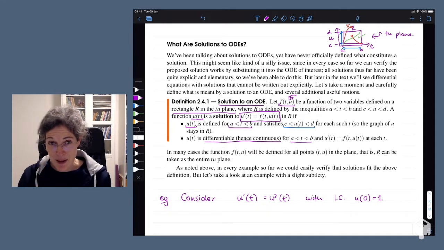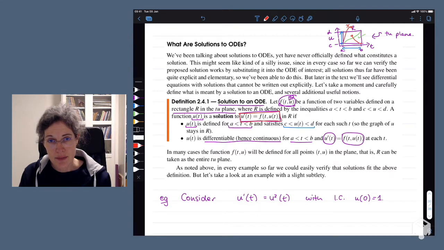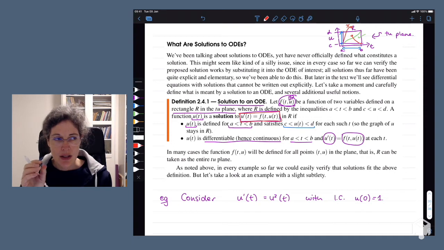And this is the important thing, the derivative of our solution function must be equal to our original f, because what we wanted to do was find a solution to that equation over there. Okay, so it doesn't sound like we've said very much, but it is a way of nailing down what it means to actually be a solution and getting rid of cases which might create problems.